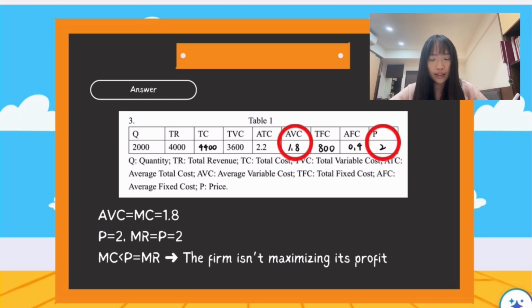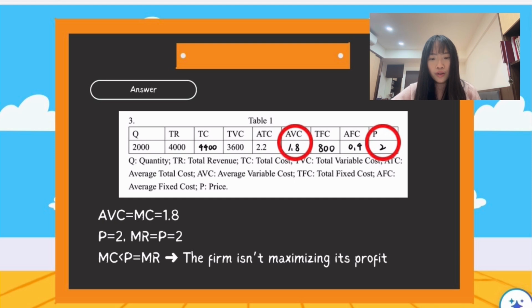And in the highlighted portion of the table, we have average variable cost and price. Given that average variable cost equals marginal cost equals 1.8 and price is 2, in a perfectly competitive market where marginal revenue equals price equals 2, the firm cannot achieve maximum profits.